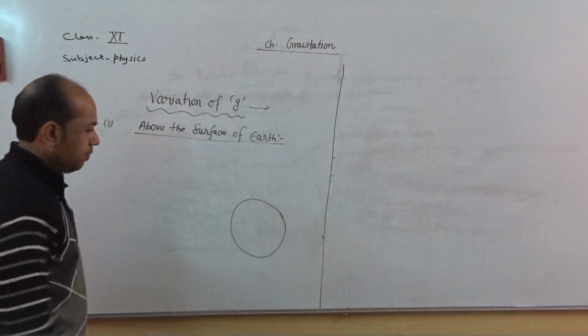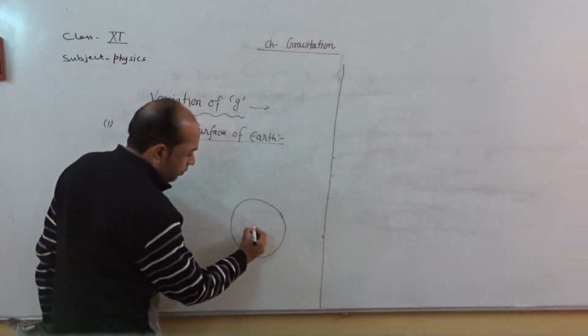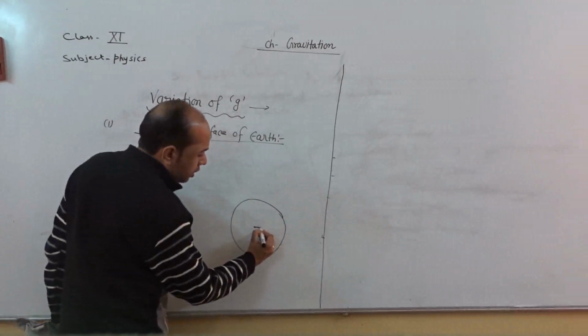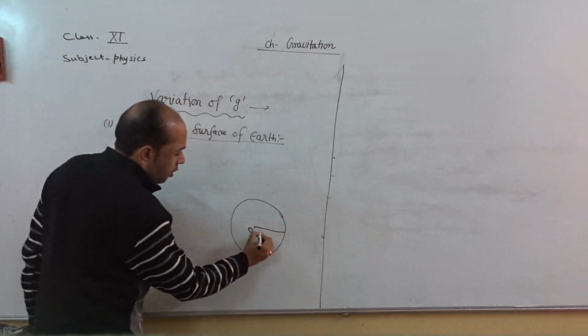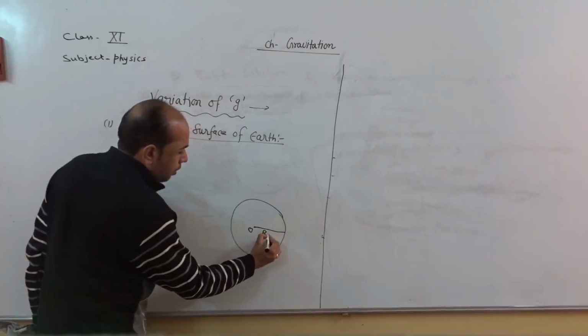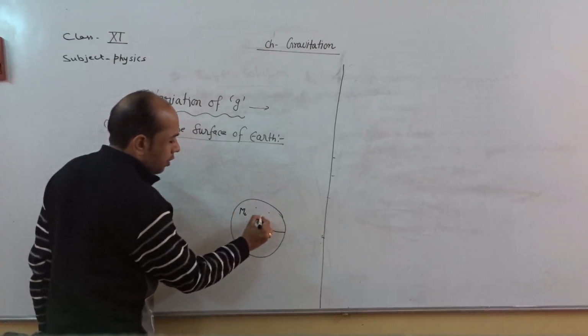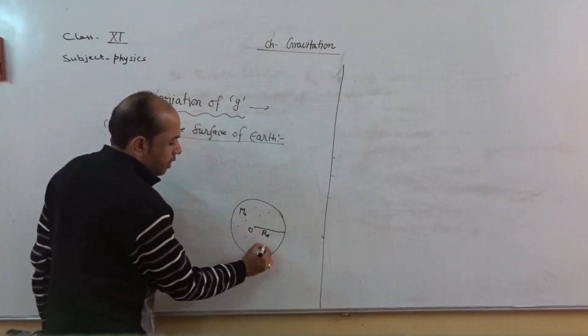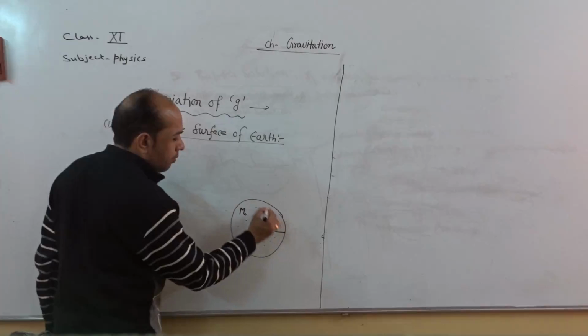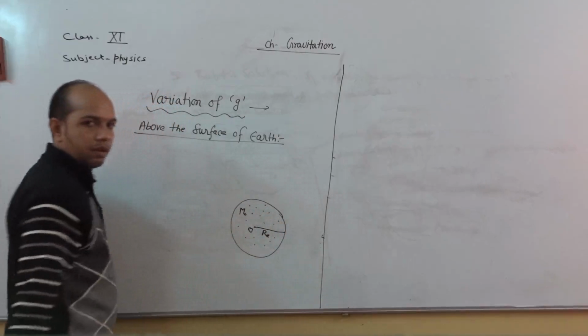Again we take Earth as a sphere. Let us consider Earth in the shape of a sphere of radius Re, the radius of Earth, and its mass is Me. This is the mass of Earth, and again we make dots, which indicate Earth is solid.